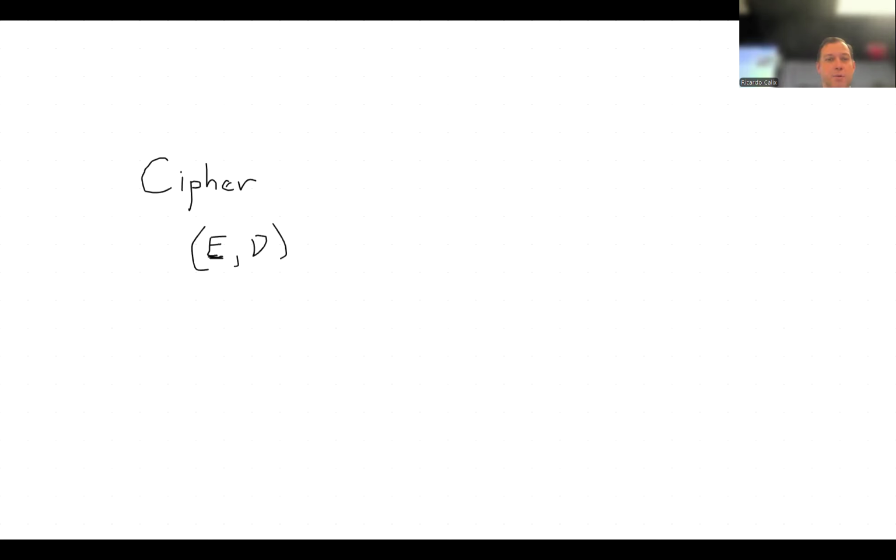So that's basically a cipher, where given a K and an M, K comma M, we have our cipher.